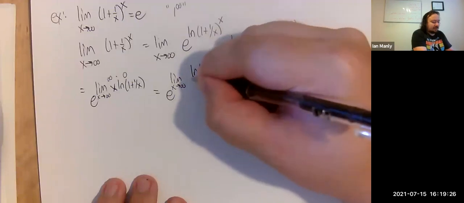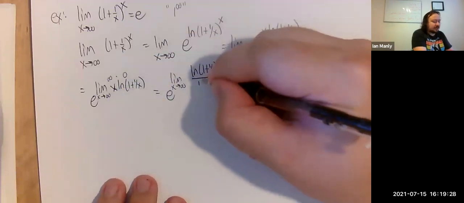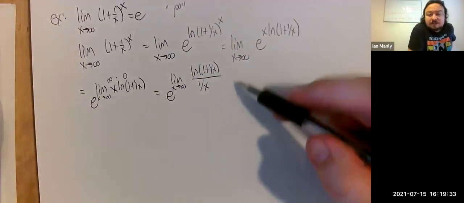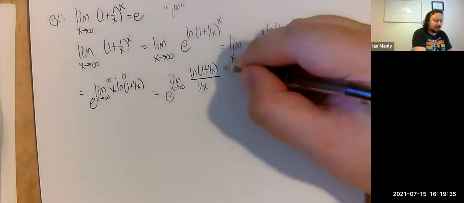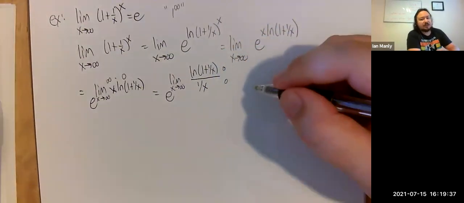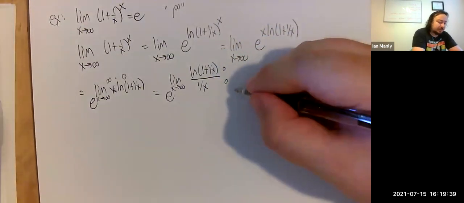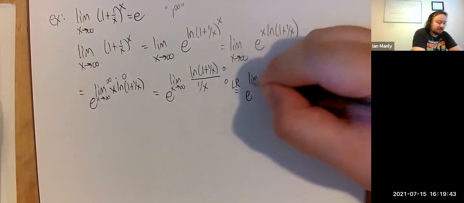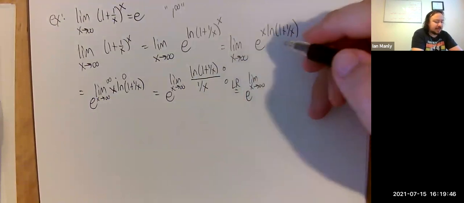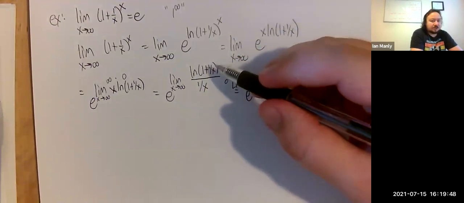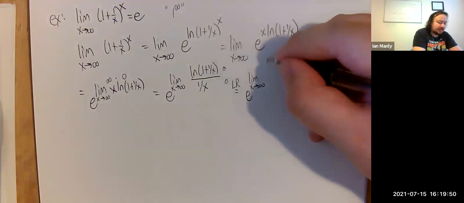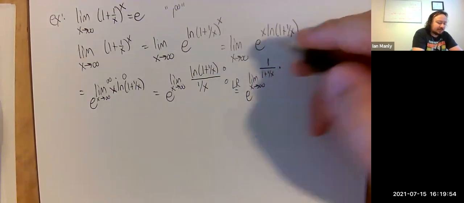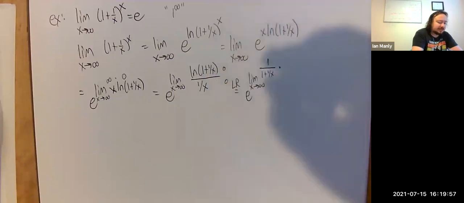So I have ln of (1 plus 1 over x), and then when x moves to the bottom, it becomes a 1 over x. All right, now if I reevaluate this, this is actually a 0 over 0 limit. And this is something that I could use L'Hopital's rule on. So when I use L'Hopital's rule, let's see what happens. The derivative of natural log of something is 1 over that something times the derivative of the inside.